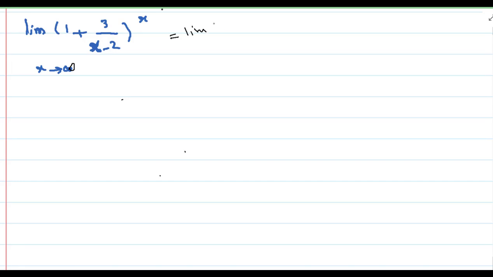We can write the limit of 1 plus, here it should be 1, so I have to bring the 3 into the denominator, and here x, as x approaches infinity. Suppose that is y; as x approaches infinity, y also approaches infinity.